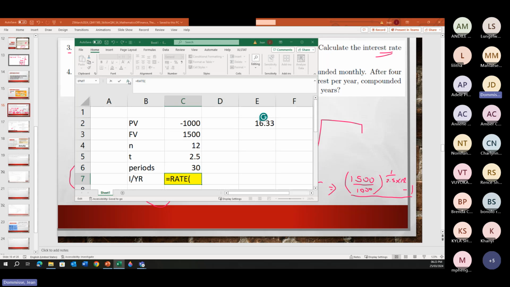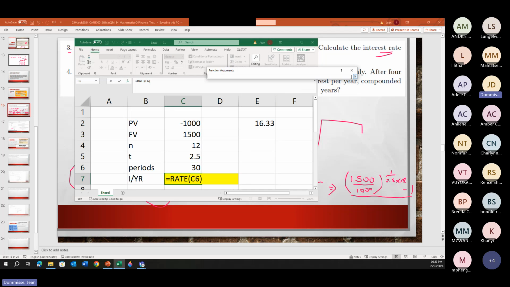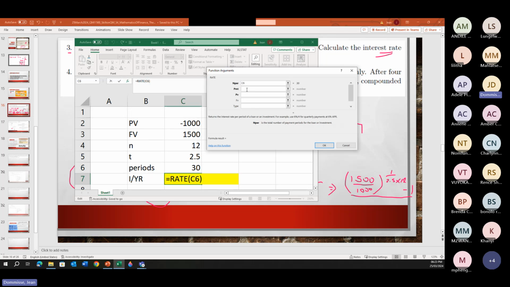Okay, so let's quickly look at where they ask for your number of payment periods. So we know it's 30. They ask, are there any monthly payments that we made? No. What's the present value?